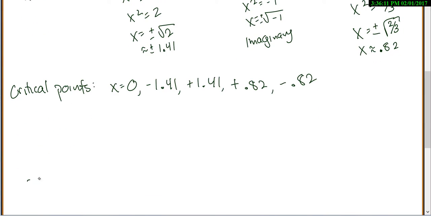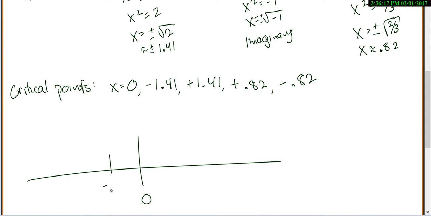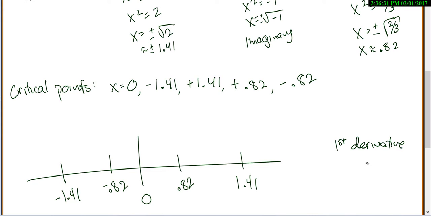So then we draw a number line. Here's 0, negative 0.82, negative 1.41, positive 0.82, positive 1.41. Now I'm going to do the first derivative test. It's just the one I've always been partial to, but you are welcome to do the second derivative test.